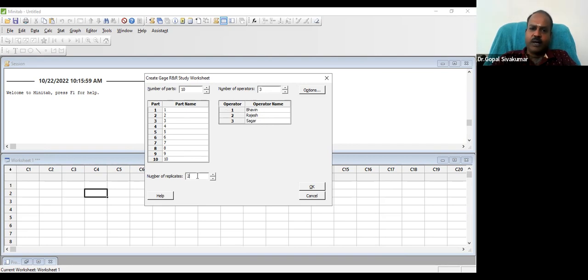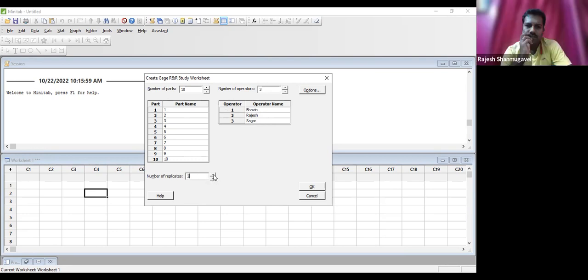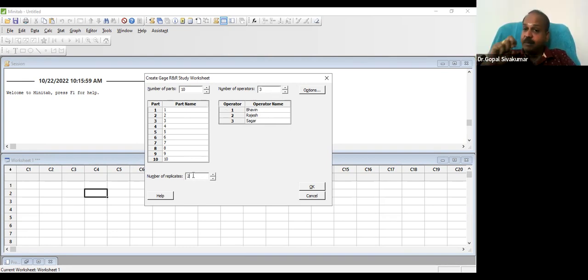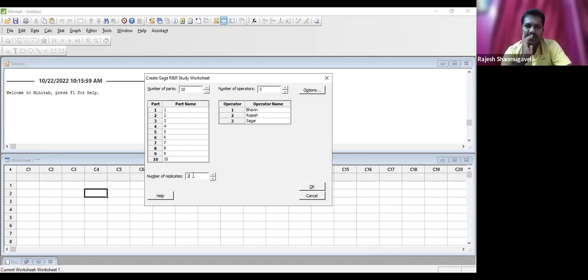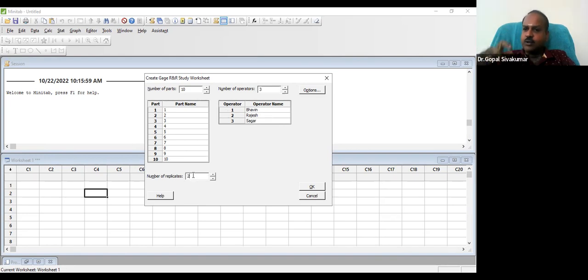Can anybody tell me why we should go for replication? To understand the repeatability and reproducibility. Yes. No, repeatability only. The replication is required to check the repeatability. And replication is done to minimize bias.